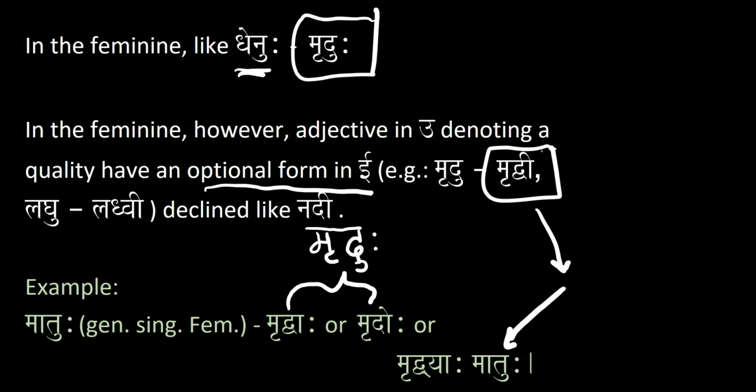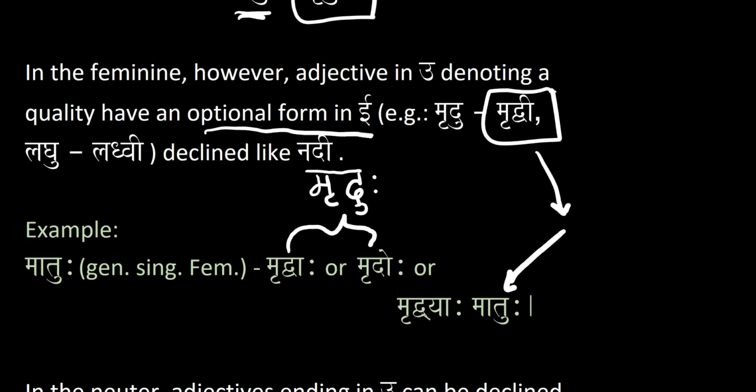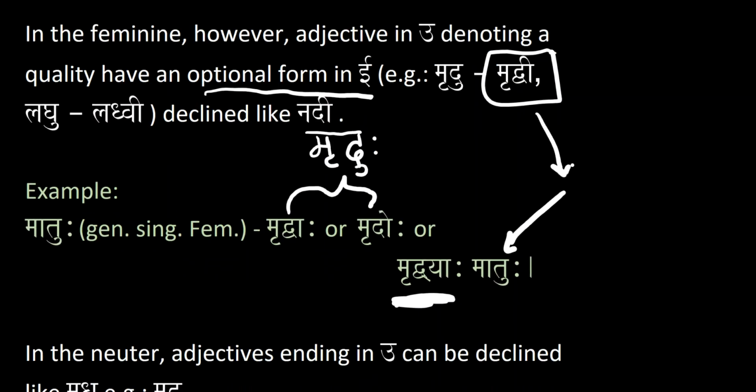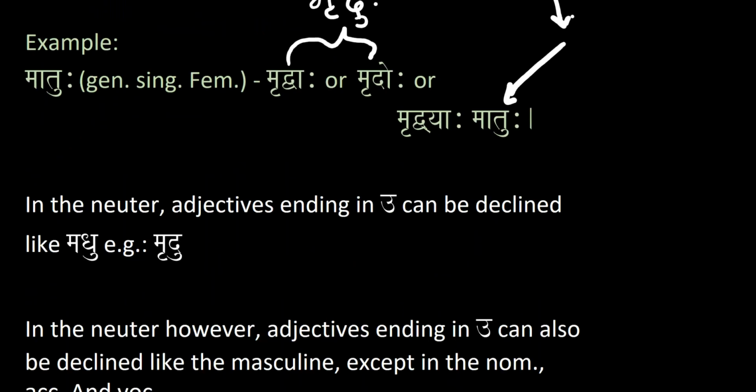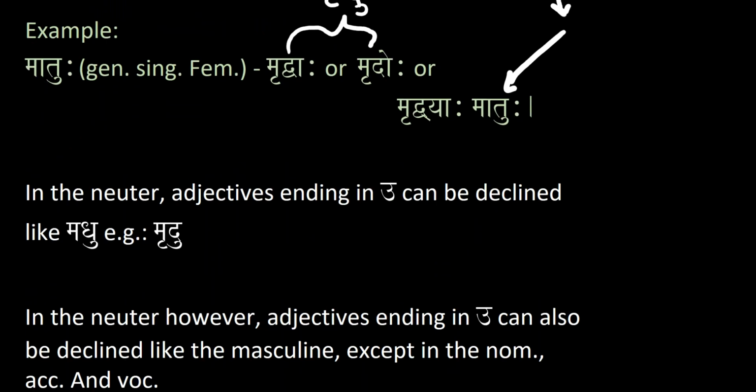So it becomes mridyah matuhu. Of course the sandhi isn't applied here, but the point of this lesson is to show you what this turns into, and then you would apply the sandhi. If the sandhi was applied, this visarg would be dropped, because when a visarg is preceded by a and followed by a vowel or soft consonant, that visarg is dropped.